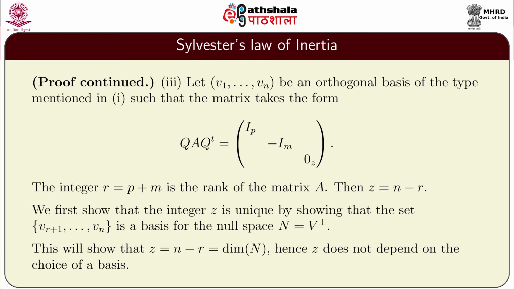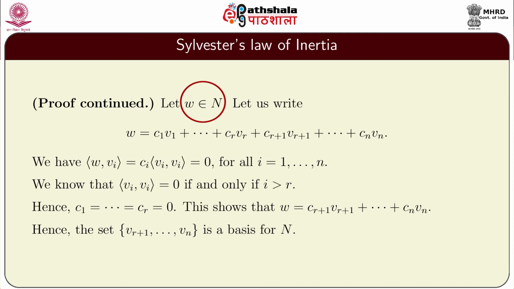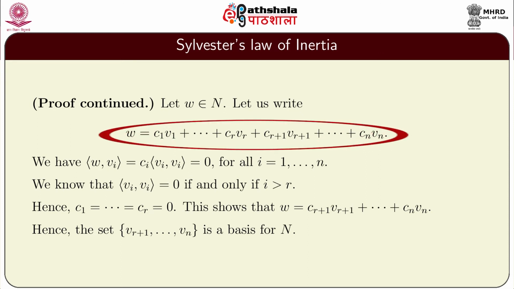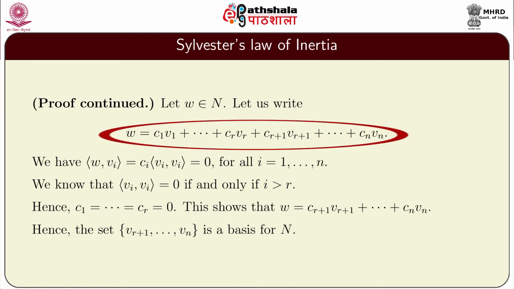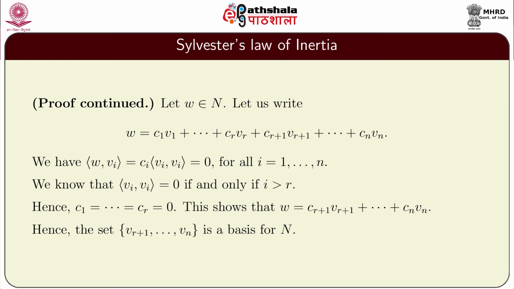Let W be a vector in the null space N. We know that V1, V2 and so on up to Vn is a basis, and therefore we write W as C1 V1 plus and so on CR VR plus CR plus 1 VR plus 1 plus and so on Cn Vn.